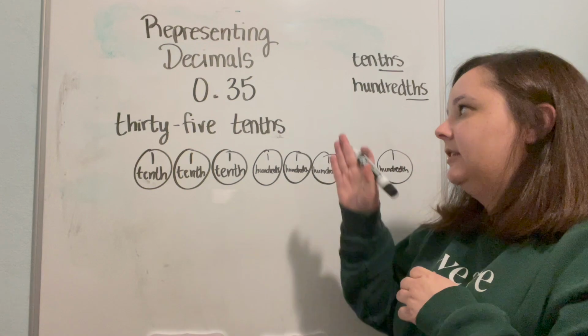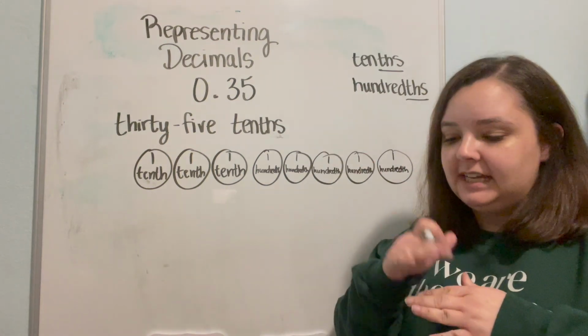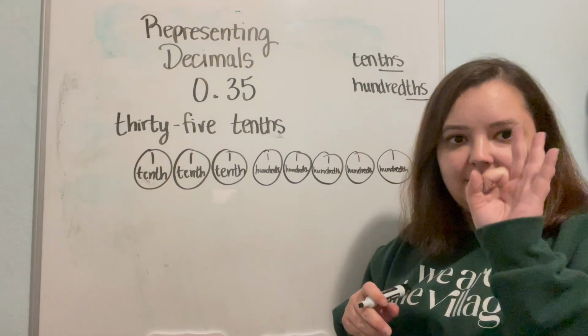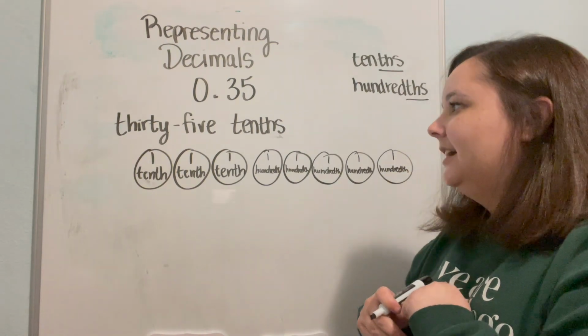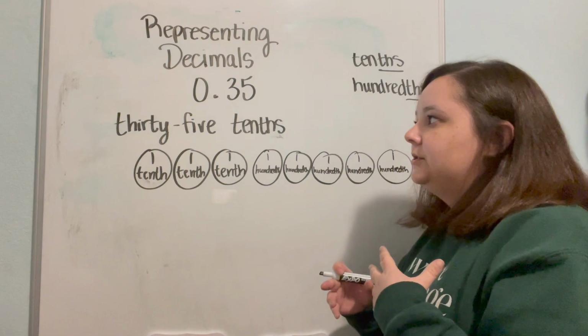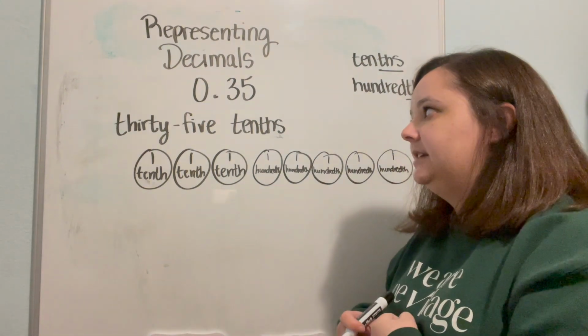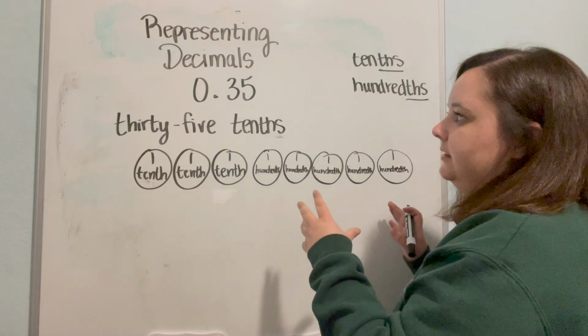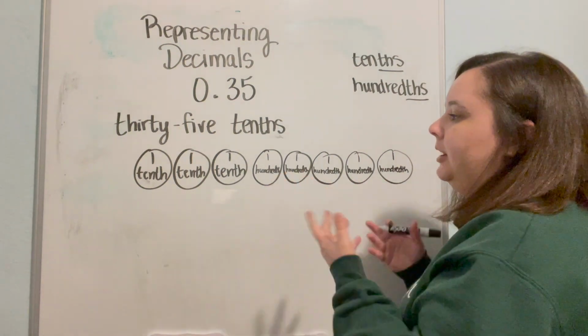And then we have our tenths, which is represented by our tens block, and our hundredths, which is represented by our little 1 block. So I'm going to represent it in 2 different ways to show you the parts, and then I'm going to show you them put together in the whole model.